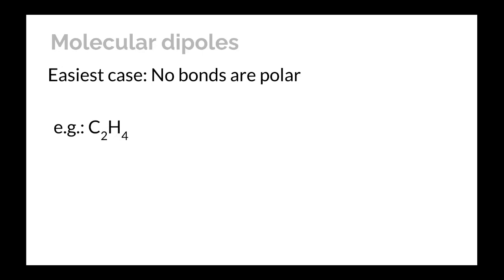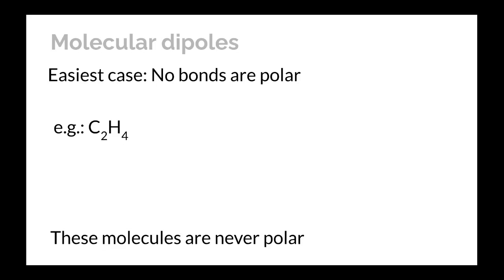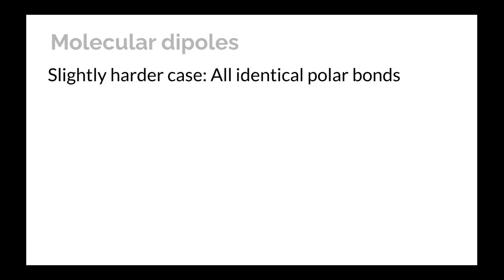It's going to have a different shape, but because the only bonds in here are either carbon-carbon or carbon-hydrogen bonds, this molecule cannot be polar. So as to the molecular polarity here, we could say that these would never be polar because they only contain carbon-carbon and carbon-hydrogen bonds.